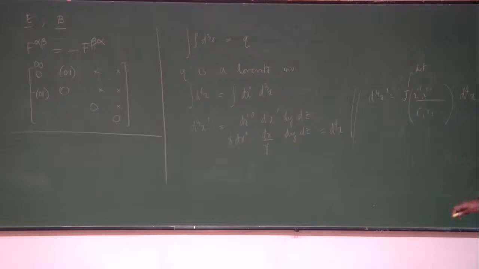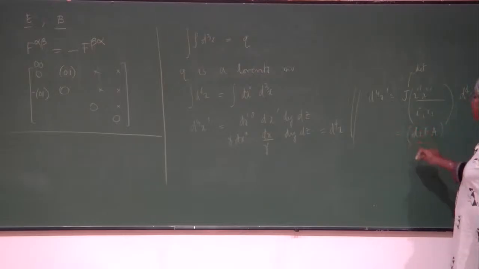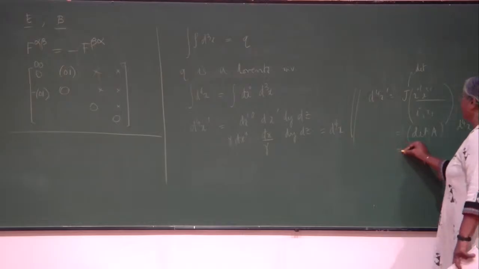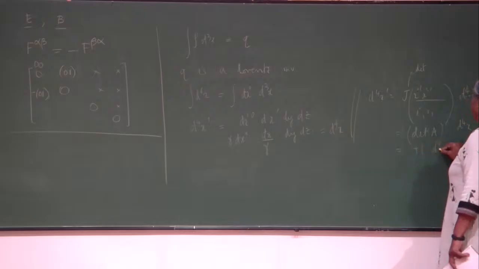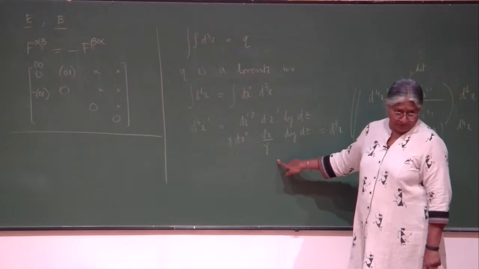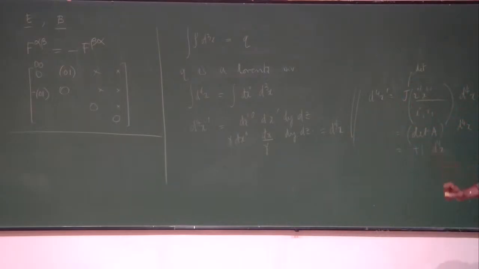I am not going to do it, you can ask someone in the tutorial to do this. This becomes determinant of A times d4x, and therefore I have just shown you that for a proper Lorentz transformation, determinant A is plus 1, and therefore d4x prime is equal to d4x. Since here I have explicitly used the proper Lorentz transformation, I already got plus 1, but in general you can show that this comes out to be plus 1 for proper Lorentz transformations.